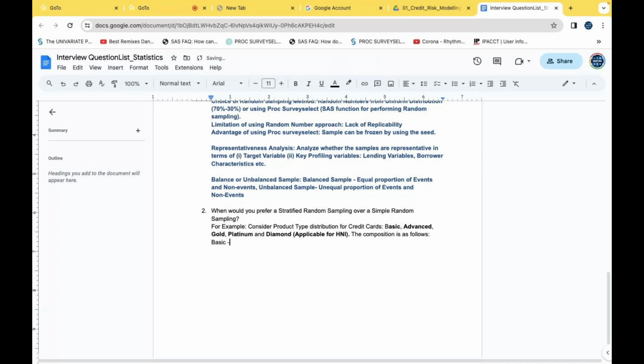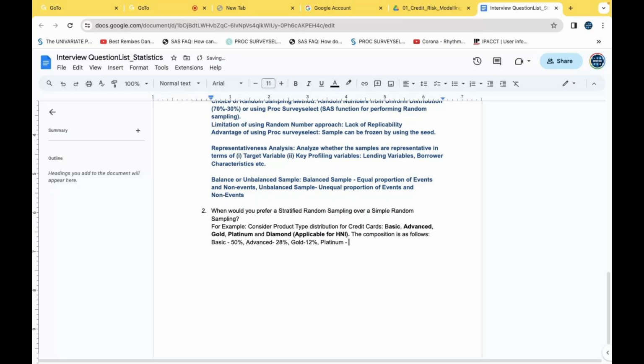Basic comprises 50%, advanced comprises 25%, gold comprises 15%, silver 10%.